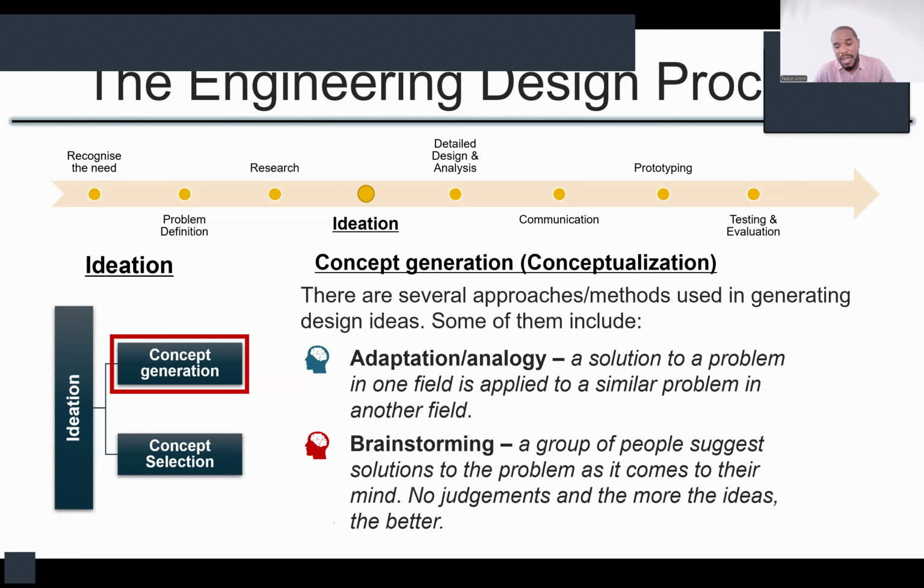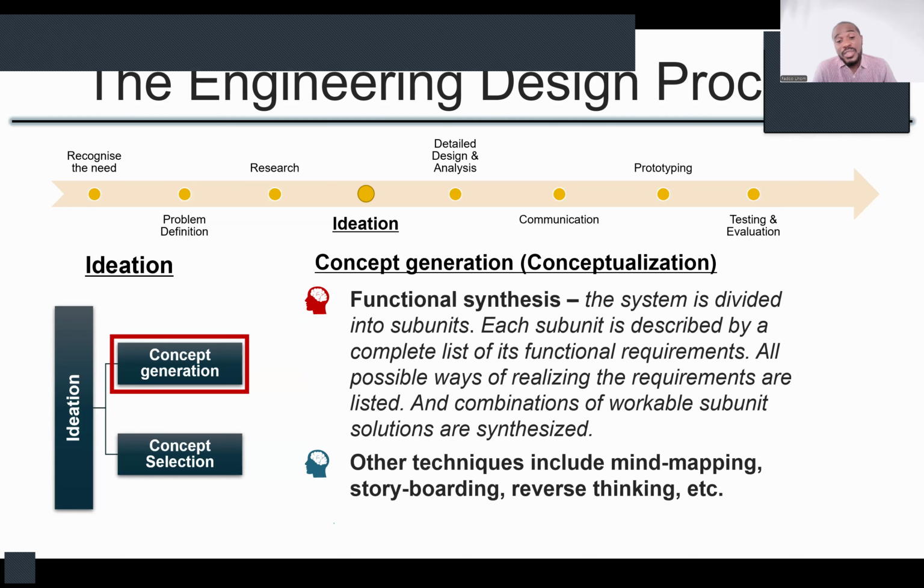So you have brainstorming as one of the techniques. Then you also have functional synthesis. This is where you divide your overall system into subunits, subsystems. This system is supposed to do this, so you will design it based on its function. What are the requirements? It is meant to pump water, to push water.